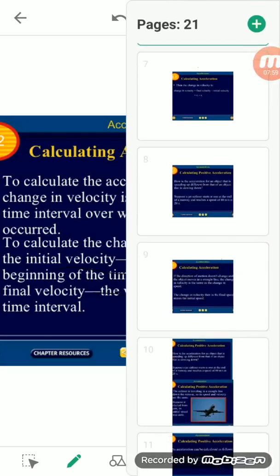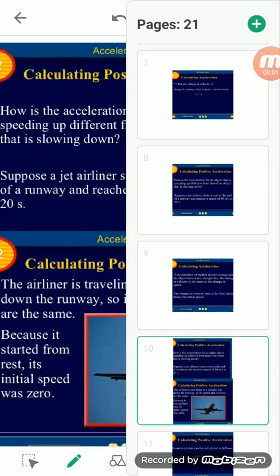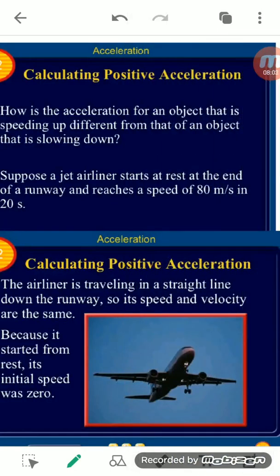To calculate the acceleration, we subtract the initial velocity of the object from the final velocity, per unit time, or over a certain time interval, and that gives the acceleration.